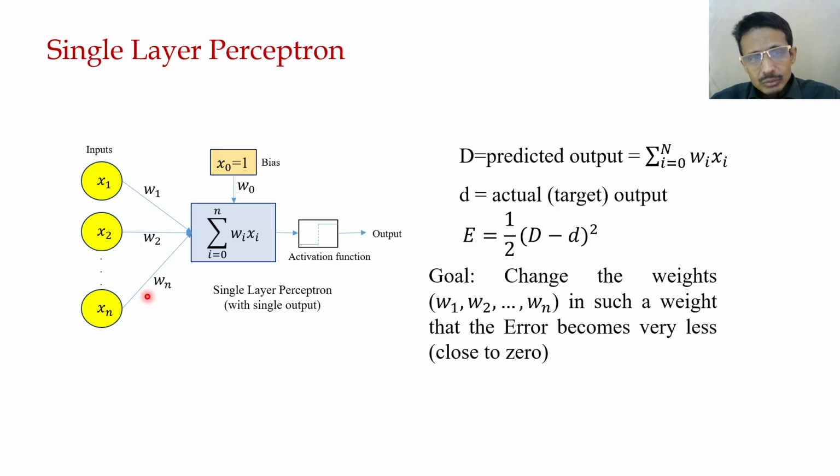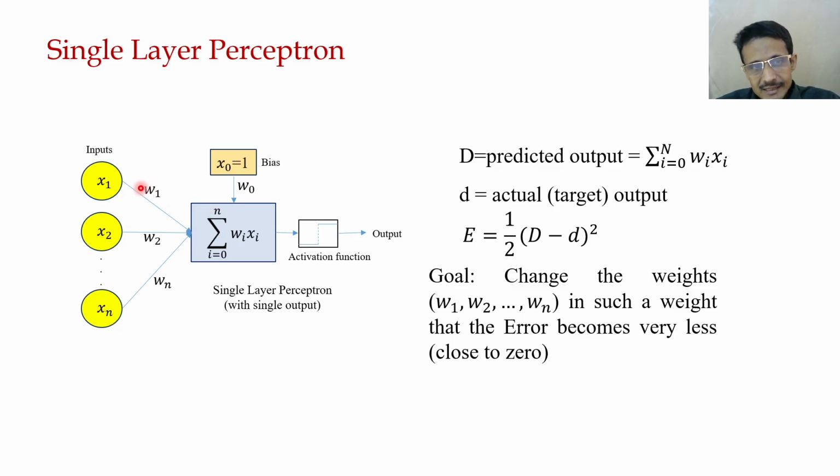And how can we do it? Please try to understand that when some input is given, it is paired with a given output. So what is our purpose?